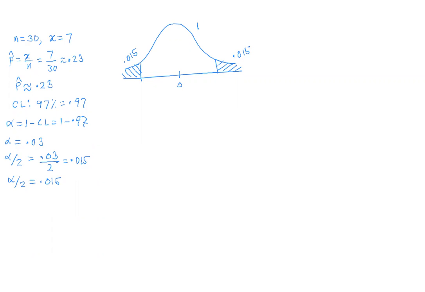Okay. Now, associated with the area of 0.015, there should be a z-score, and you need to find that z-score. Everybody, please go ahead and find that. Associated with 0.015, what is the z-score?